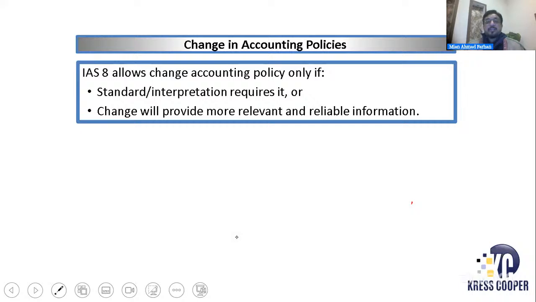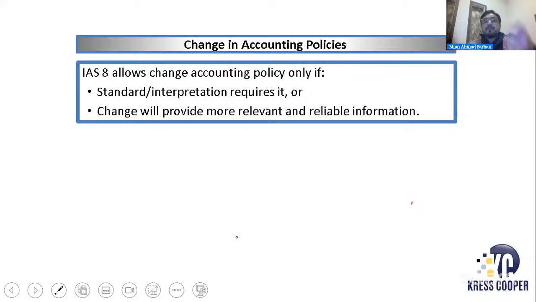One of those is that the policy is being changed because of the requirement of a new accounting standard or a change in the accounting standard suggested by the board, IASB, International Accounting Standards Board.